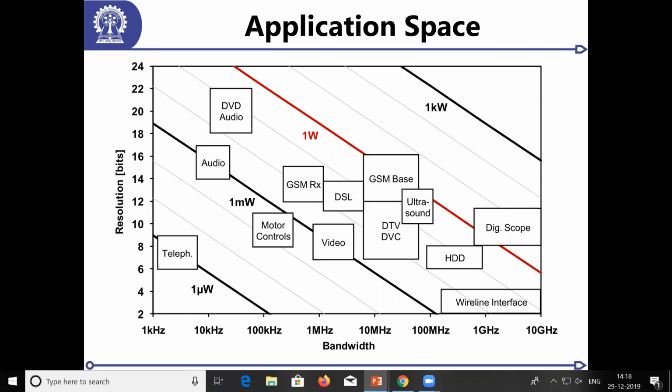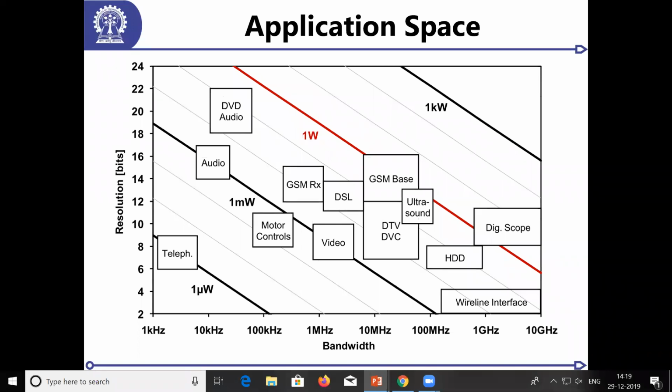Digital TV, then HD displays, GSM base stations. Now kilowatts of power, as I said, goes into phased array radars. Also, some of the base stations burn close to kilowatts of power. If you go into the base stations, they will have tons of signal processing in there, and they will be burning tons of power.